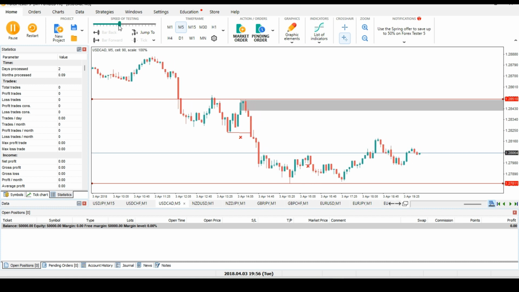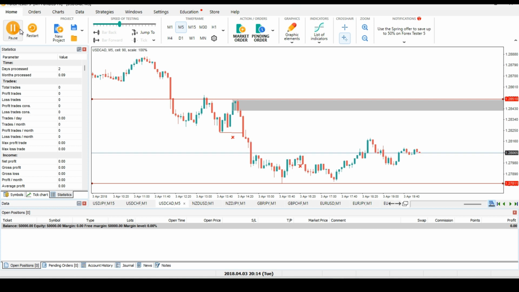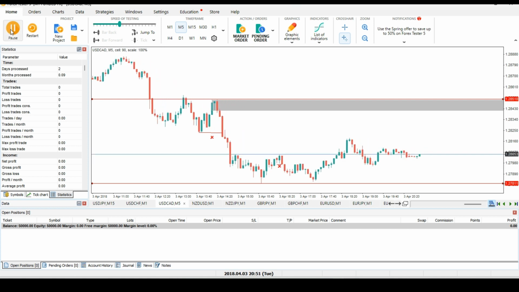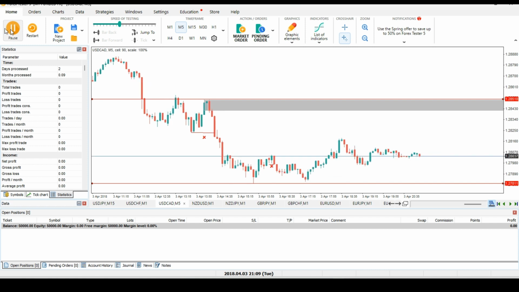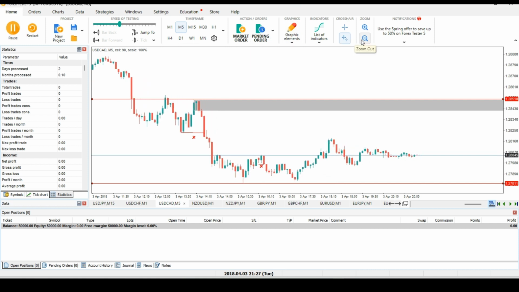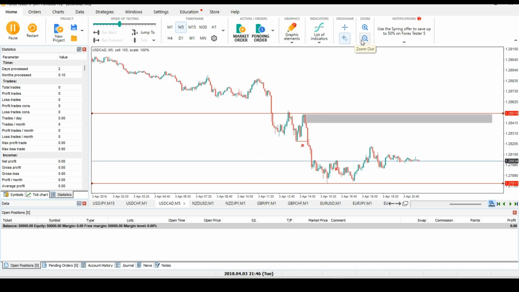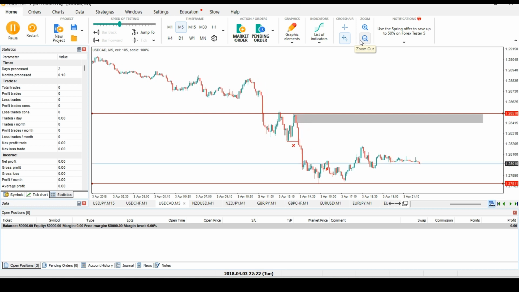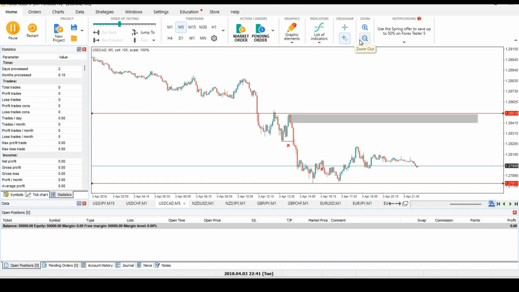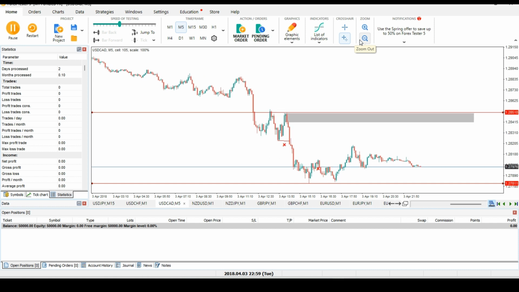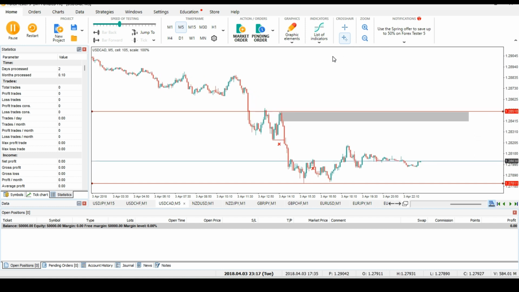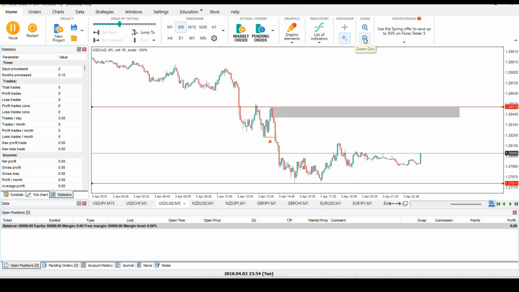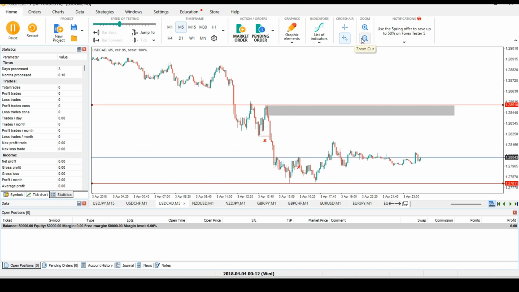So we always have to predefine our risks so that we stay in the game, because if you don't predefine your risk, you just get taken out. You blow your account in one trade. And remember, we are going to treat this as a funded account, so we can't go beyond 5% in a day.